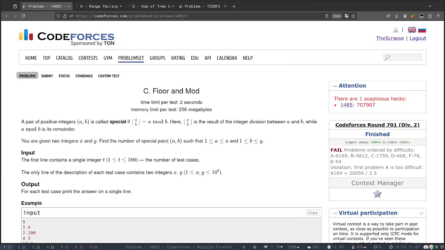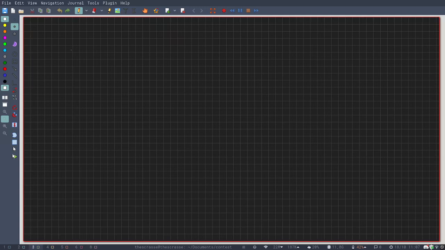I'm thinking that if we have a pair, let's say A, B, then multiplying both by n also meets the condition too. I haven't proved this, but wait a sec. I don't think so. Okay, I think if you multiply both by n, this remains the same, and this is multiplied by n. Let's try. So A, B equals 3, 2.